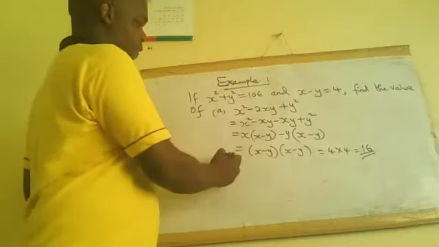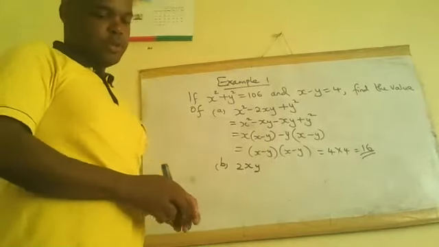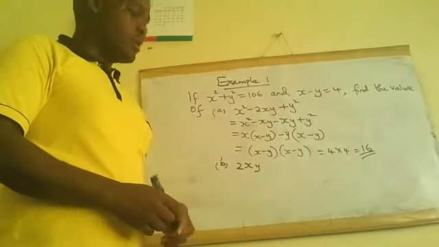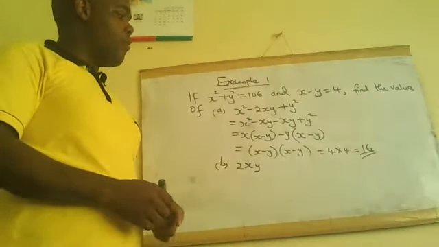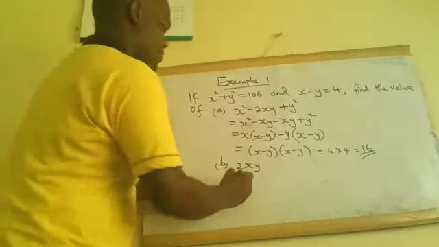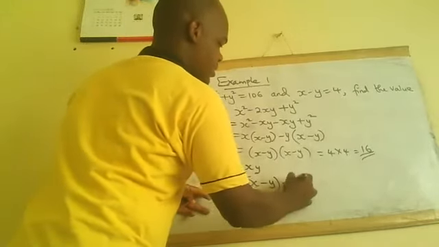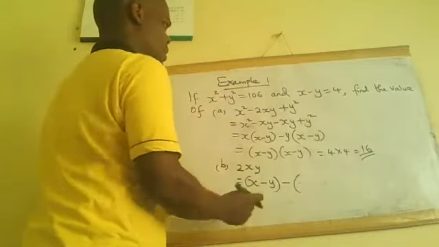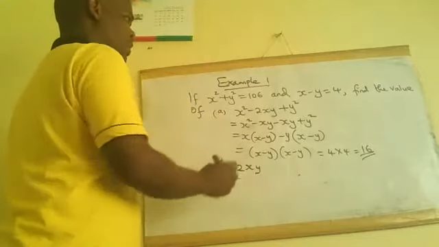So you write that, and then part B, I'm asked, what is 2xy? What is 2xy? So I can use this and this to get 2xy. 2xy is actually, you can use this and this.